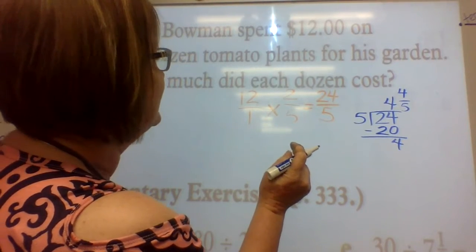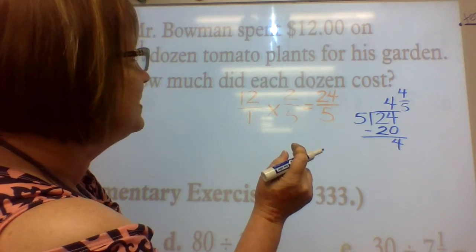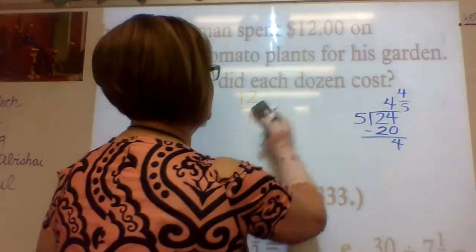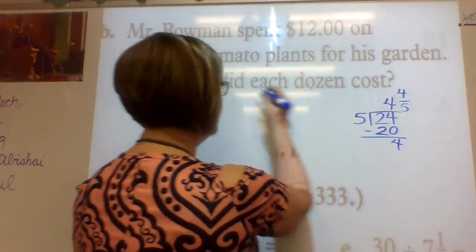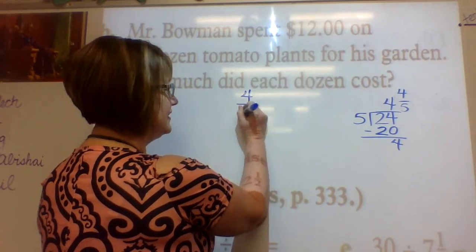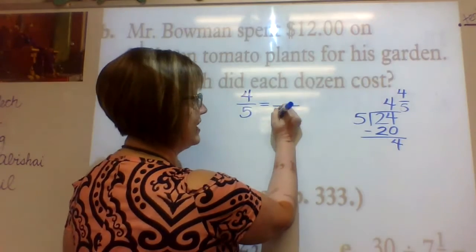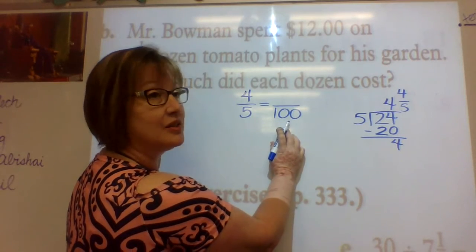That's funny because that's not a price. How much did each dozen cost? Okay, so what we do is we figure out, if you want to know how much of a dollar that is, 4/5 would equal how many cents are in a dollar? 100, right? Okay, so 5 times what is 100? 20.